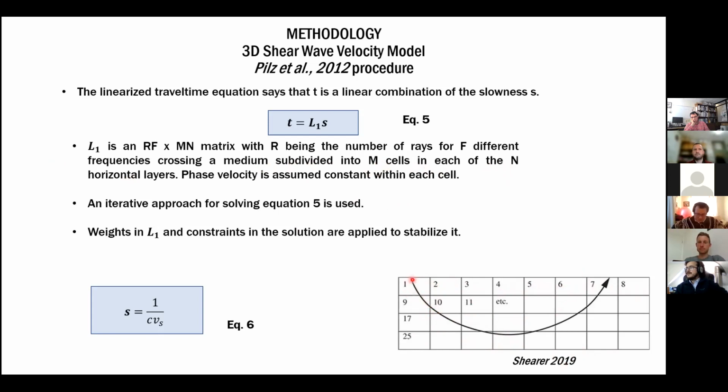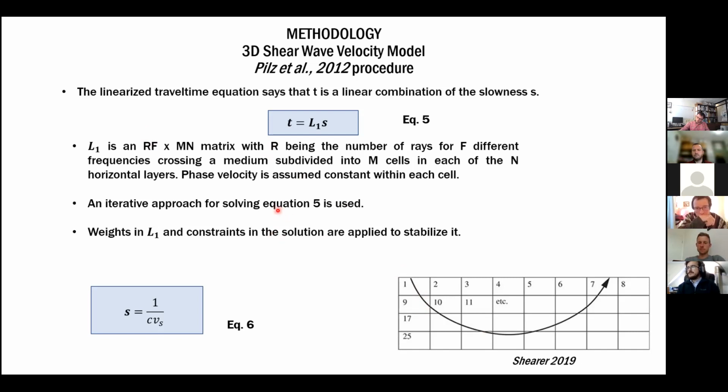If we assume here that more than one ray path crosses each one of the blocks, we will have here R, the number of rays. And lastly, if we assume that this ray is not monochromatic and is composed of more than one frequency, we will have different frequencies for each ray.